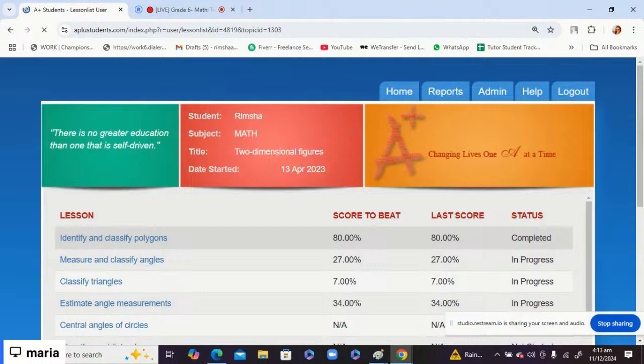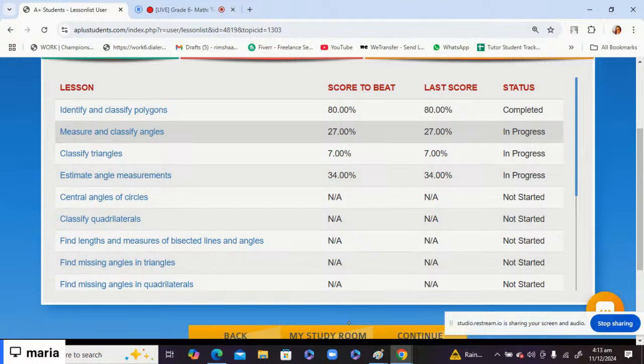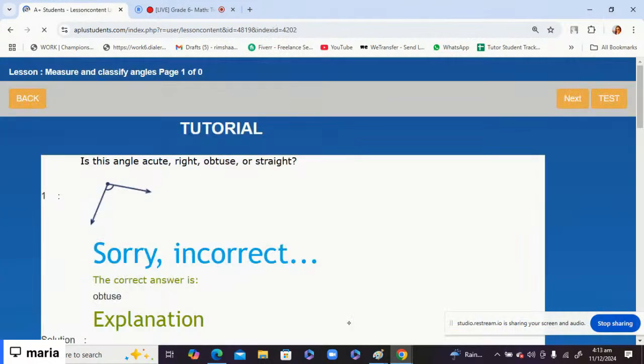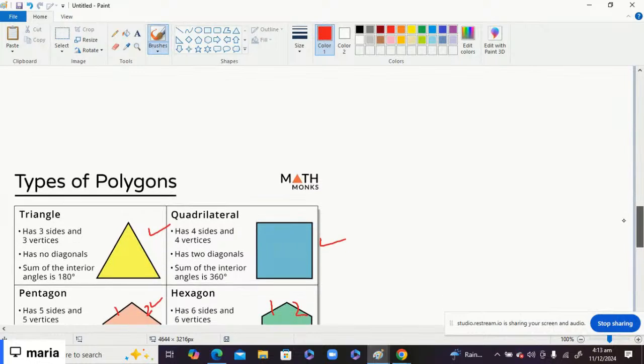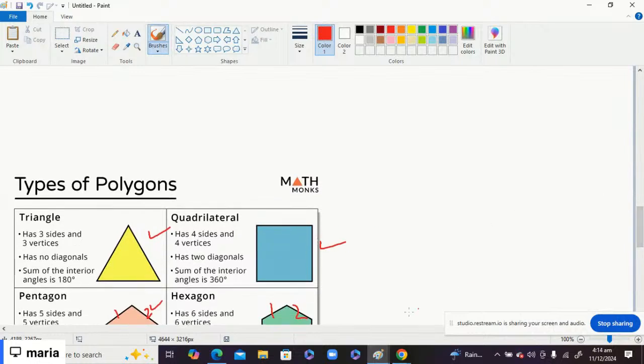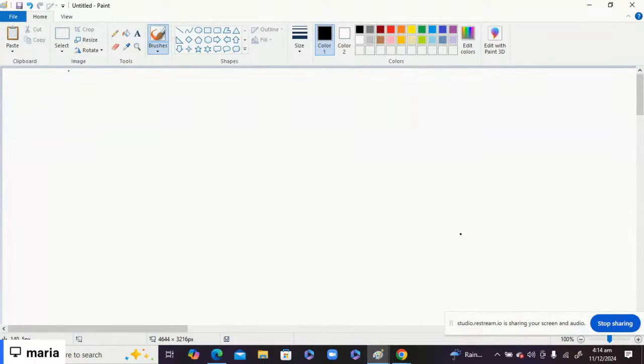Let's discuss the next lesson now. The next lesson is to measure and classify the angles. I'm going to tell you how many total angles there are, and then we will discuss them one by one in the end. First of all, let me write about the angles here one by one.